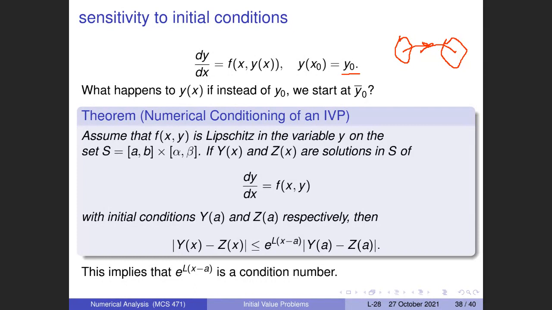So the interval on x has to be bounded for this problem to make sense. One can say that there is a condition number, but that condition number actually grows exponentially as we go farther away from the initial value.